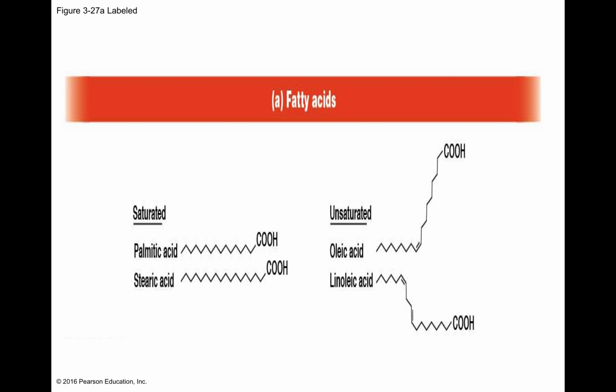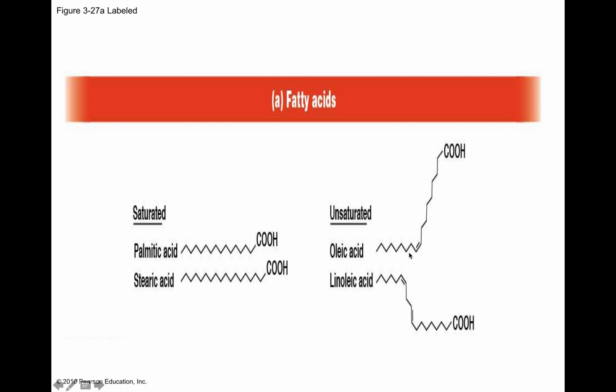One is fatty acids. Fatty acids are broken down by the beta oxidation pathway in peroxisomes and mitochondria for energy. They can be a straight chain of acetyl groups like palmitic acid and stearic acid. These are two really common fatty acids in mammals.